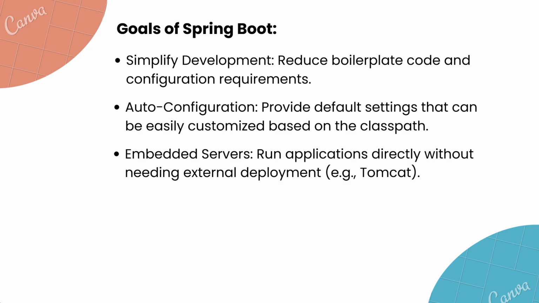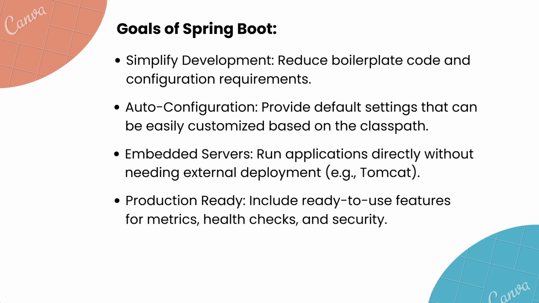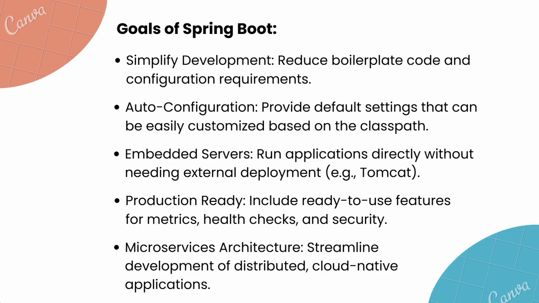It runs the application directly without needing any external deployment. Fourth one is production ready. It includes built-in support for monitoring, metrics, health checks, and externalized configuration. Fifth one is microservices architecture, streamlined development of distributed and cloud-native applications.